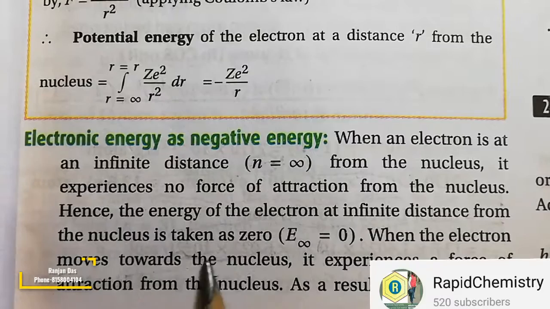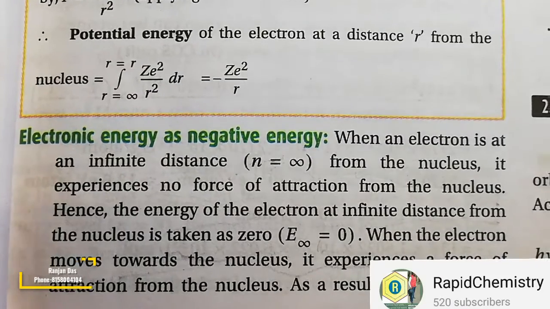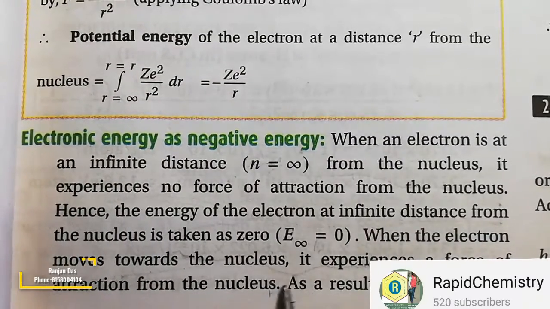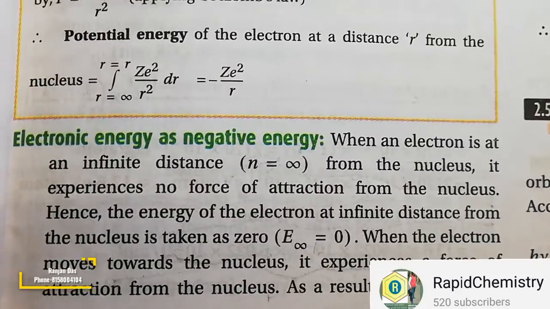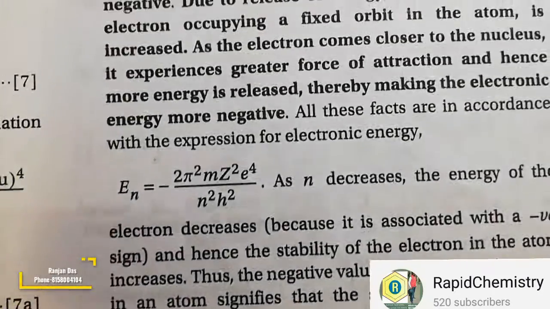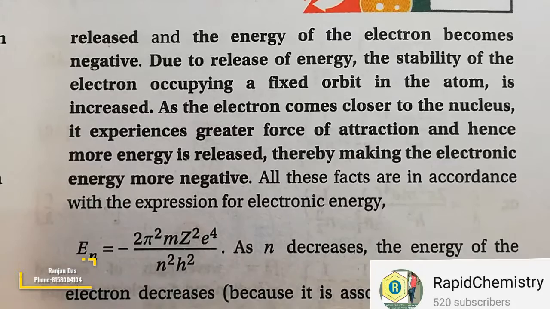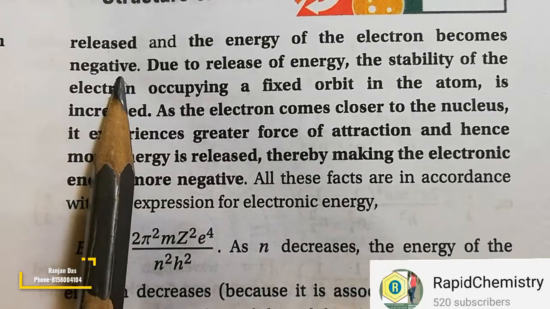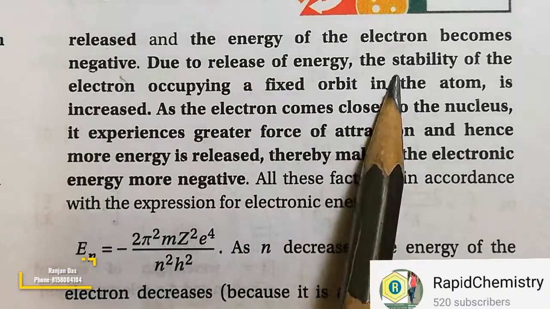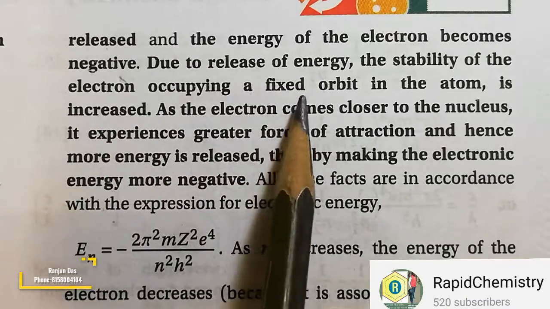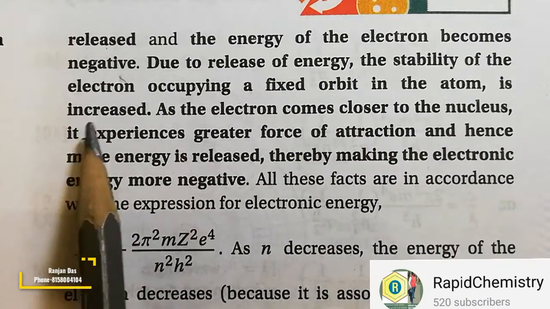When the electron moves towards the nucleus, it experiences a force of attraction from the nucleus. As a result, some energy is released, and the energy of the electron becomes negative. Due to the release of energy, the stability of the electron occupying a fixed orbit in the atom is increased.